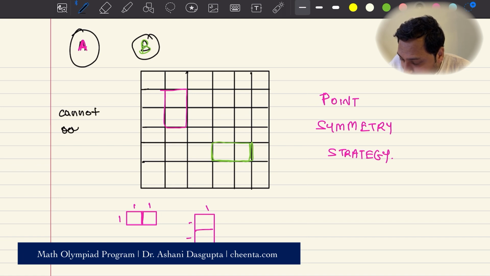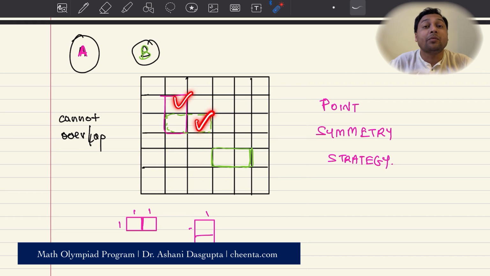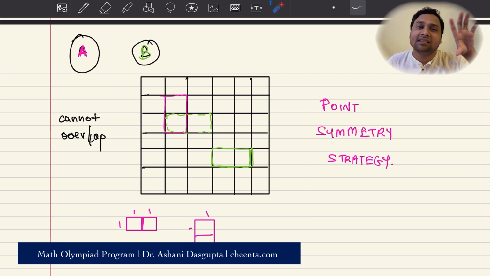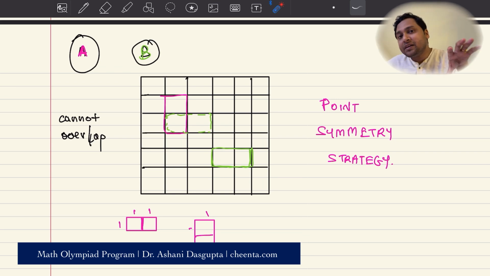So for example, you cannot have B put a domino like this, because then the pink and the green domino would overlap, right? That's not allowed. So player A starts, then player B comes along and puts another domino, and so on.